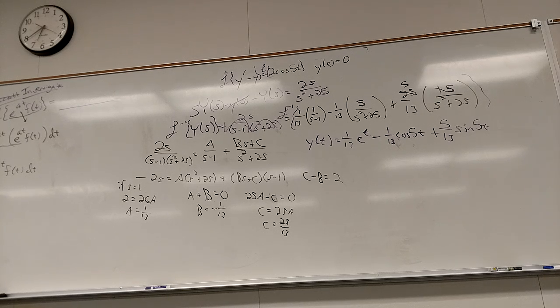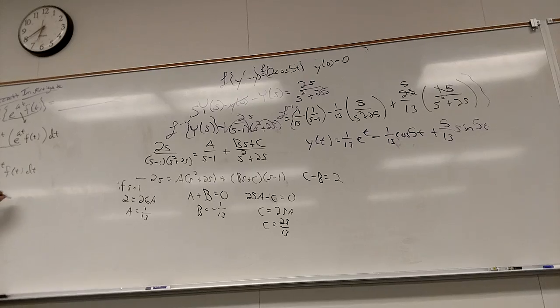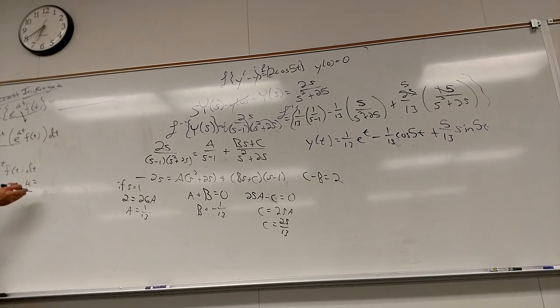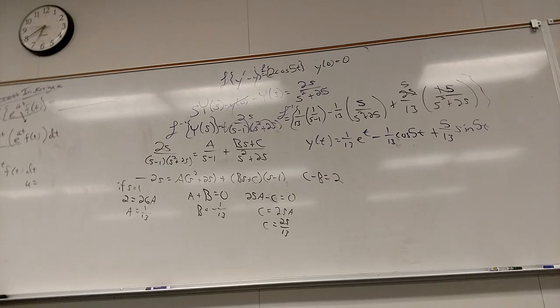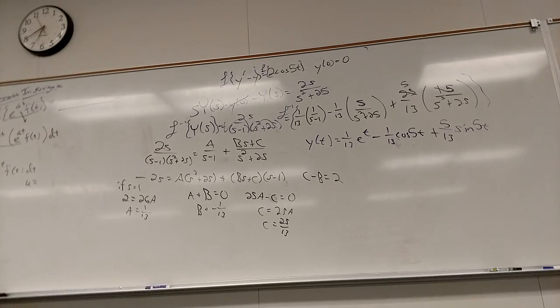If I just follow my steps, I'd have to do integration by parts, right? So if I do this by parts, u would be what? In general, I'm going to let u equal this, because tell me this, what's the integral of f(t)? It's big F. So if I let u equal this, then du is what?